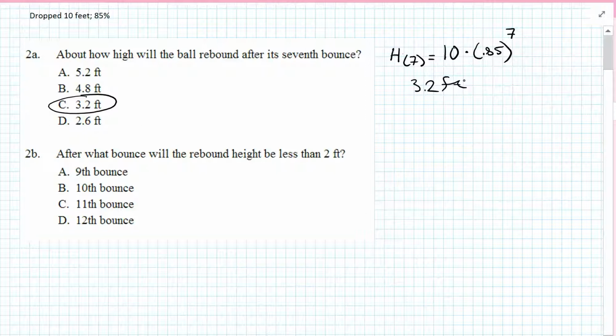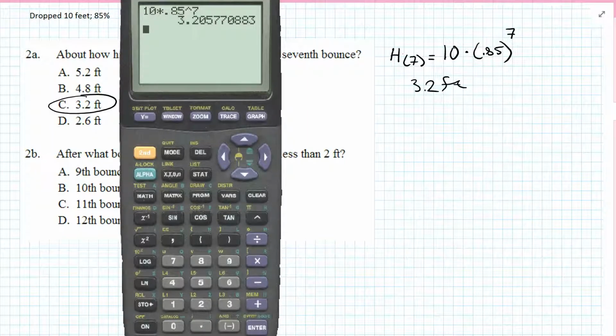What bounce will the rebound be less than 2 feet? Okay, well, the easiest way is just take our answer and times that by 0.85. Okay, so 2.72 represents the 8th bounce.